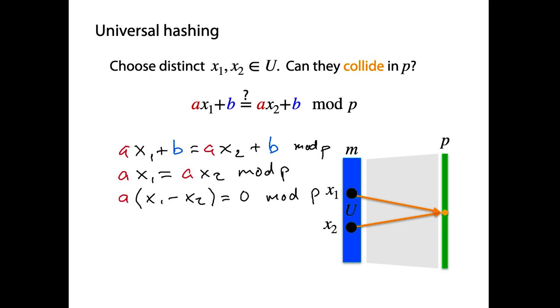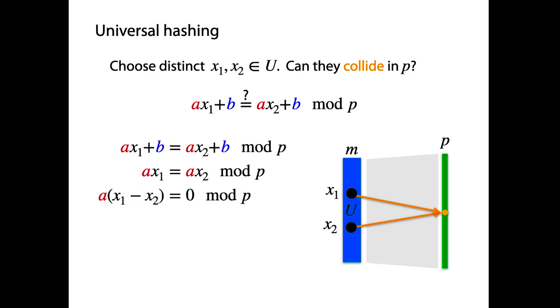So let's think about what we have here. We are multiplying two things, a, whatever a is, and x sub 1 minus x sub 2, whatever that is. Well, whatever a is, we actually know something about a, which is that it's not equal to 0. Because remember that when we said to pick a hash function from this family, we choose a from 1 up to p minus 1, and b from 0 up to p minus 1.